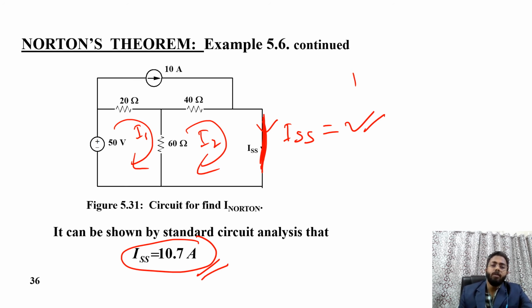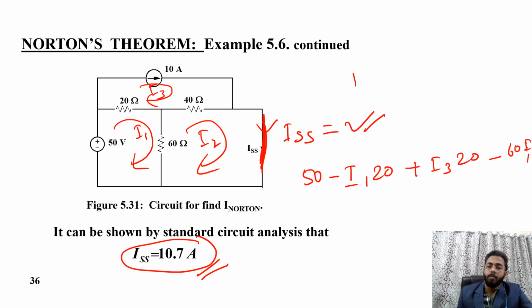So what we can do here, we can write 50 minus I1 times 20, and so on. Then after that you can solve. Then you can write I1 minus 20 plus I3 times 20, minus 60 I1 plus 60 I2 is equal to 0.